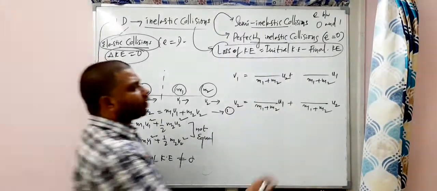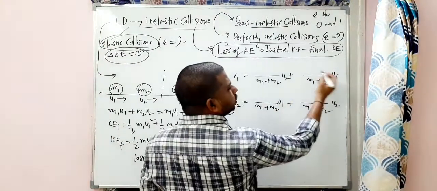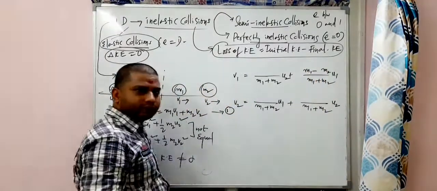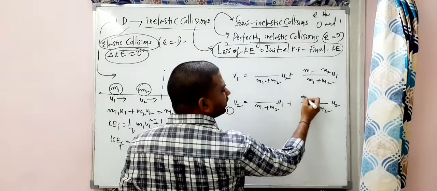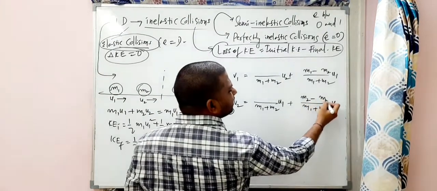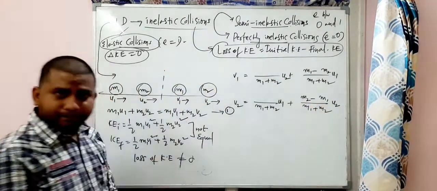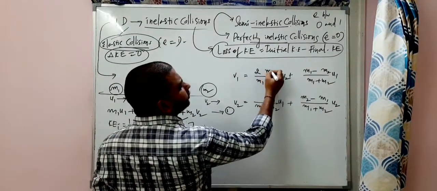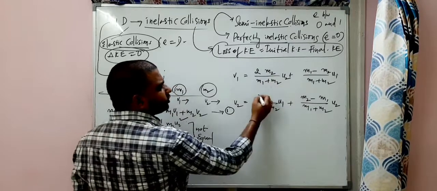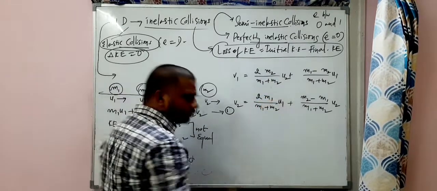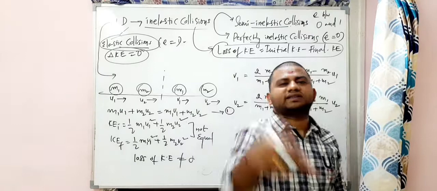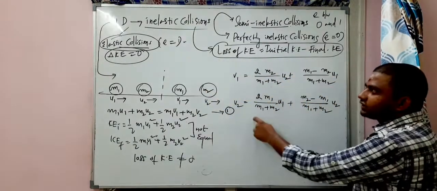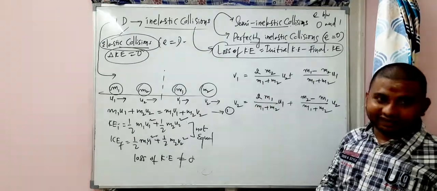What we have written already: it is u1 with m1 minus m2. Here also the same, it is u2 with m2 minus m1, as we had written. And here it is 2m2, and this is 2m1. Sir, you wrote the final velocity expressions for elastic collisions, but we are discussing inelastic collisions.